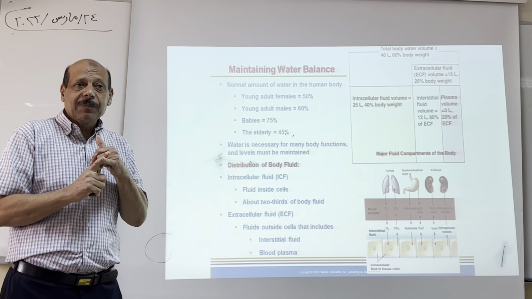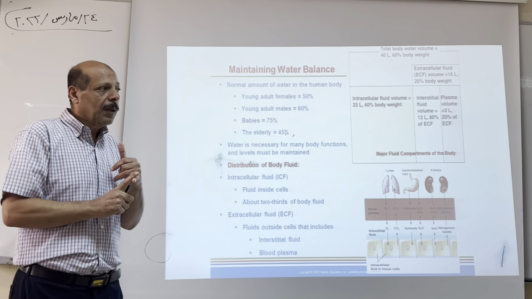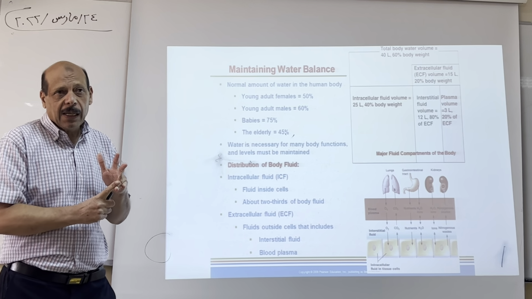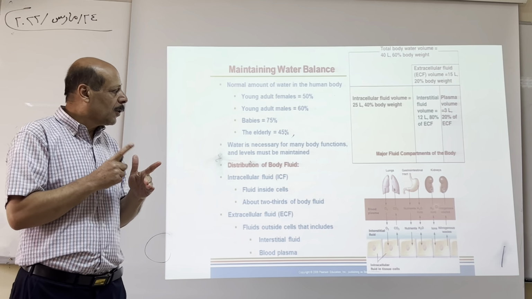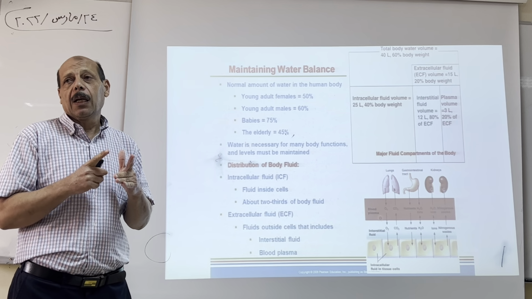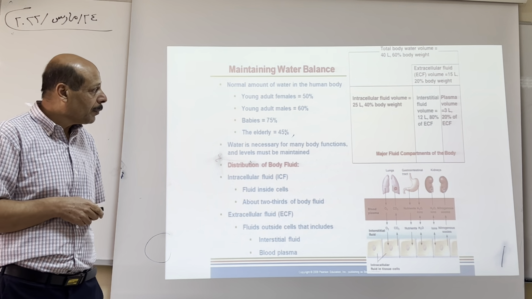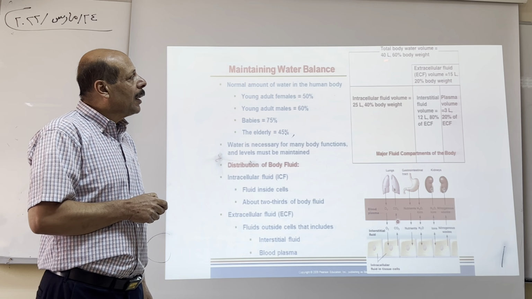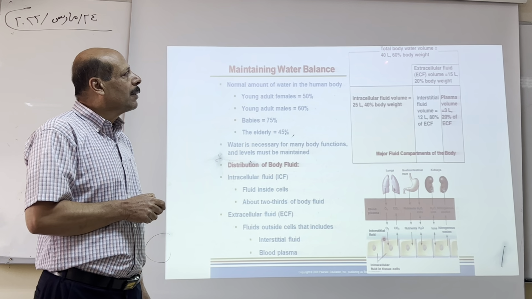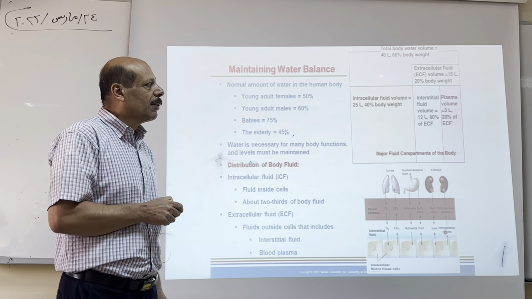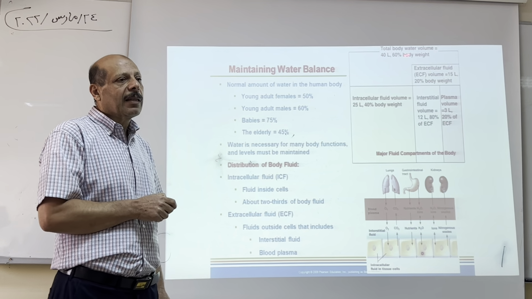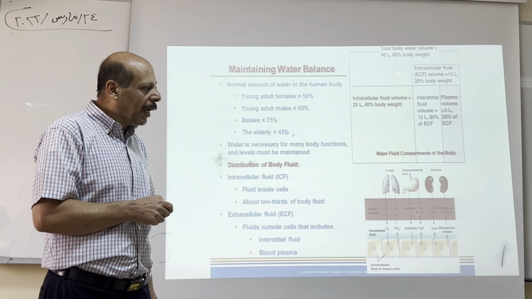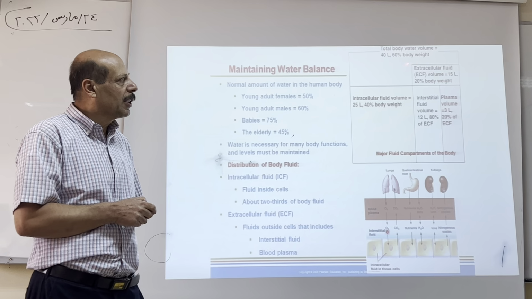So we have the blood, we have the synovial fluid, we have also the cerebrospinal fluid. So the total water volume depends, it is around 60%, or in children it is around 75 to 80%.